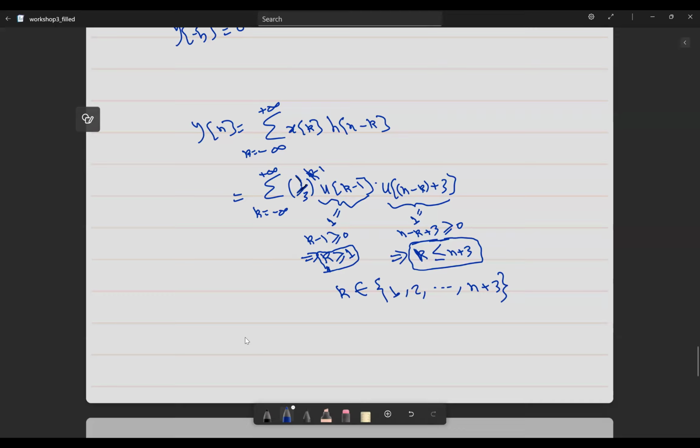But we have another condition on n here, right? Because if n is less than minus 3, it will make k less than 0, and this will violate this bound, which says that k should be larger than or equal to 1. So we have this condition as well.